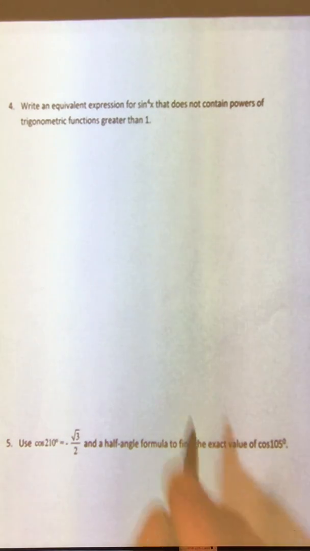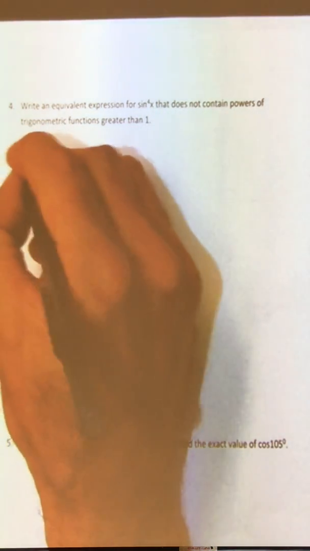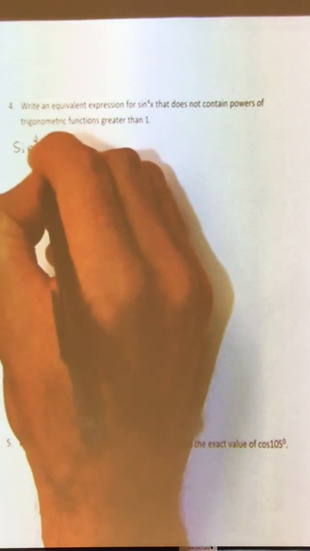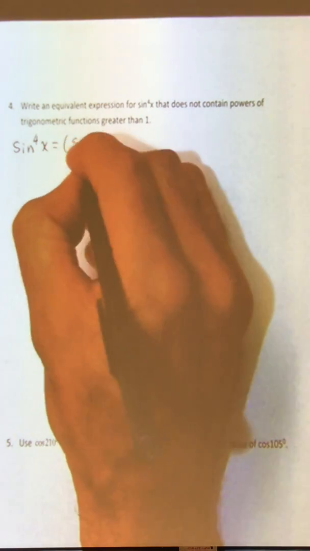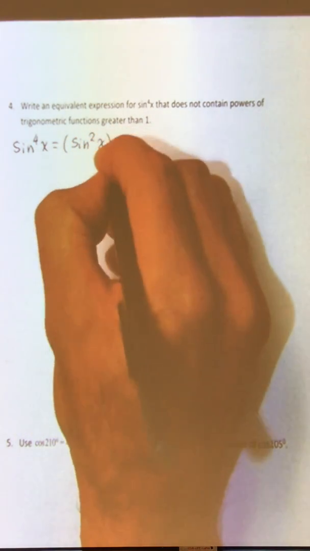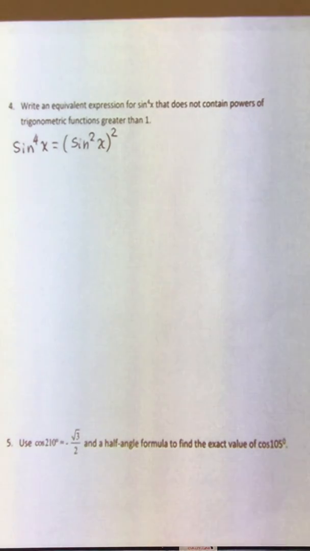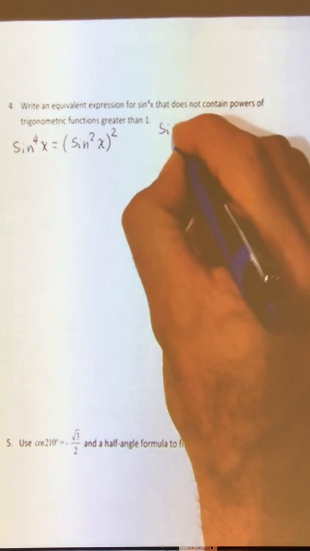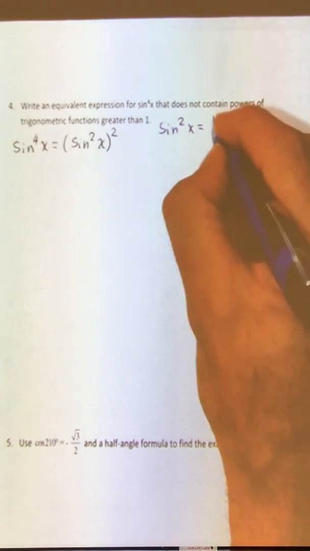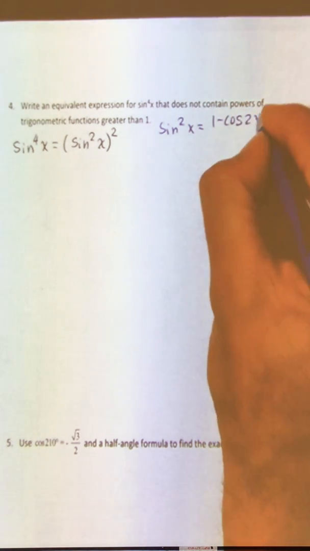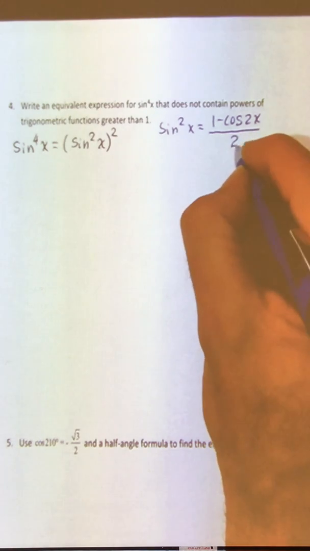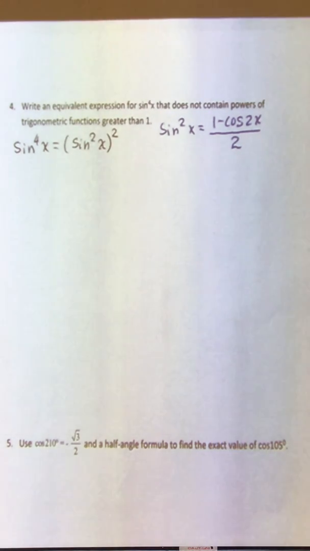First, we'll make the following move: sine to the 4th of x is equal to sine squared of x, quantity squared. And then we'll grab our power reduce identity. Sine squared of x is 1 minus cosine of twice x, all over 2. That's our power reduce identity for sine squared.